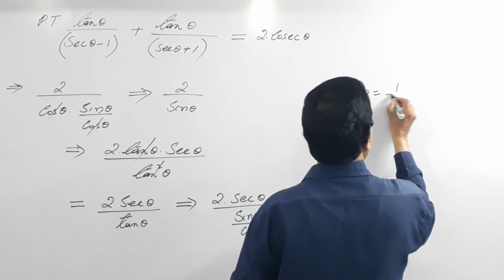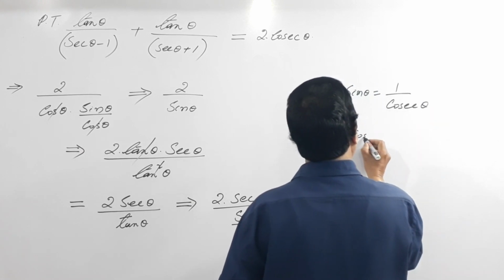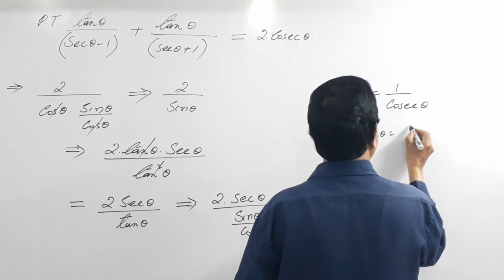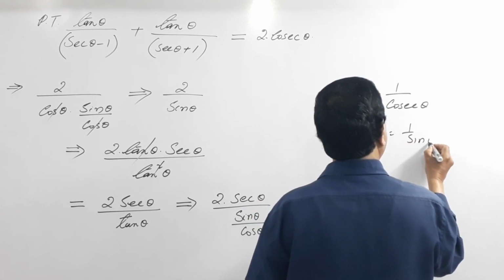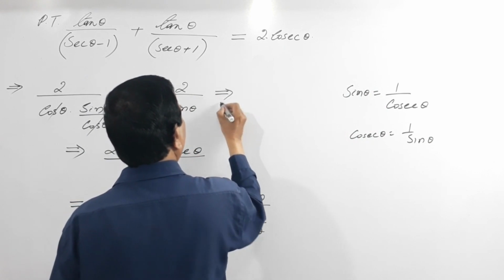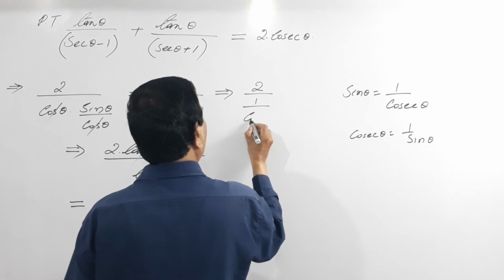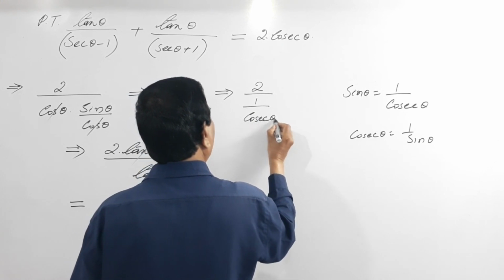Sin theta equals 1 by cosecant theta, or cosecant theta equals 1 by sin theta. So this is nothing but 2 by 1 by cosecant theta.